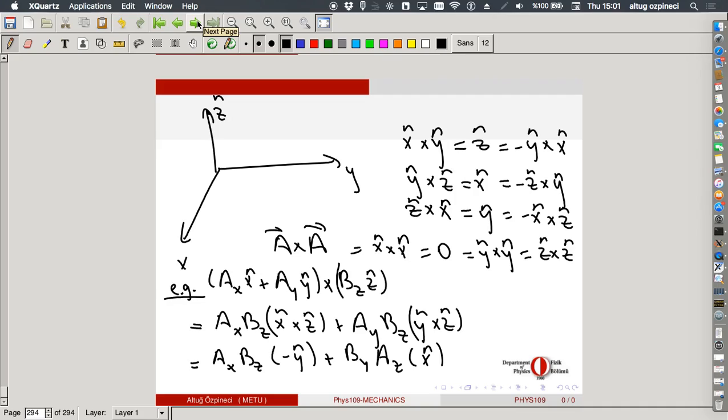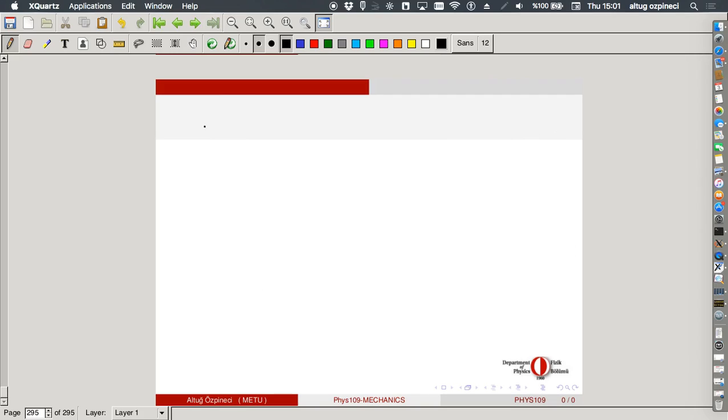Now let's use this cross product to describe our rotations. So let's just take our rigid body. It is rotating around this axis.